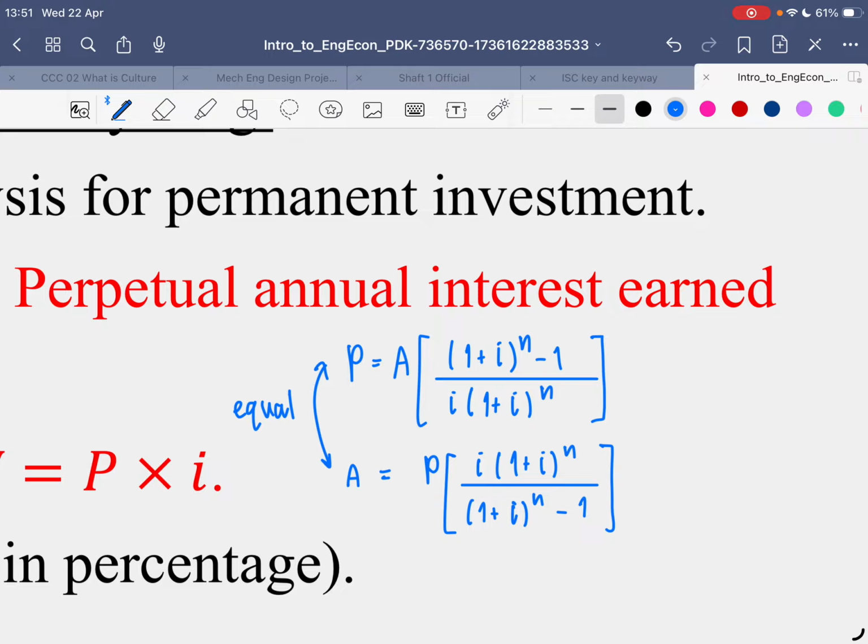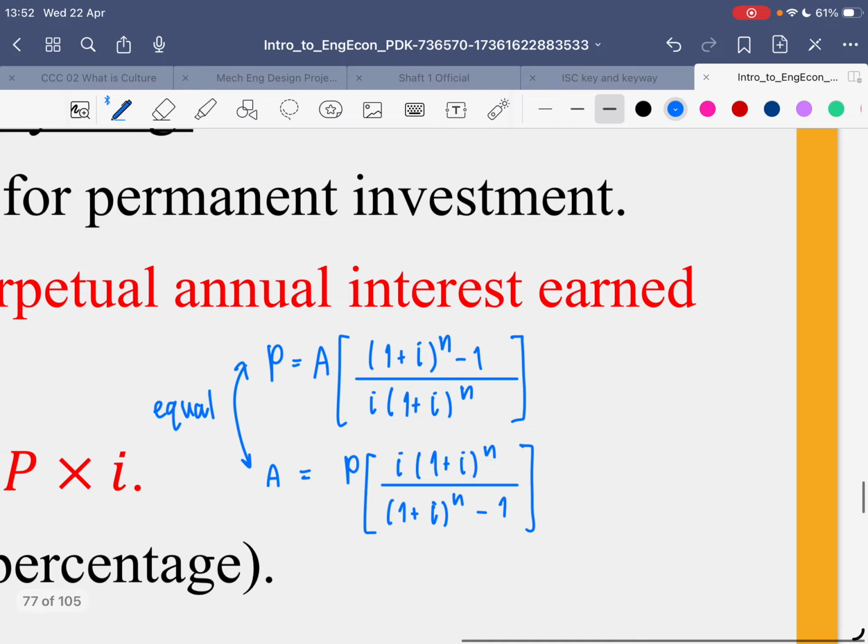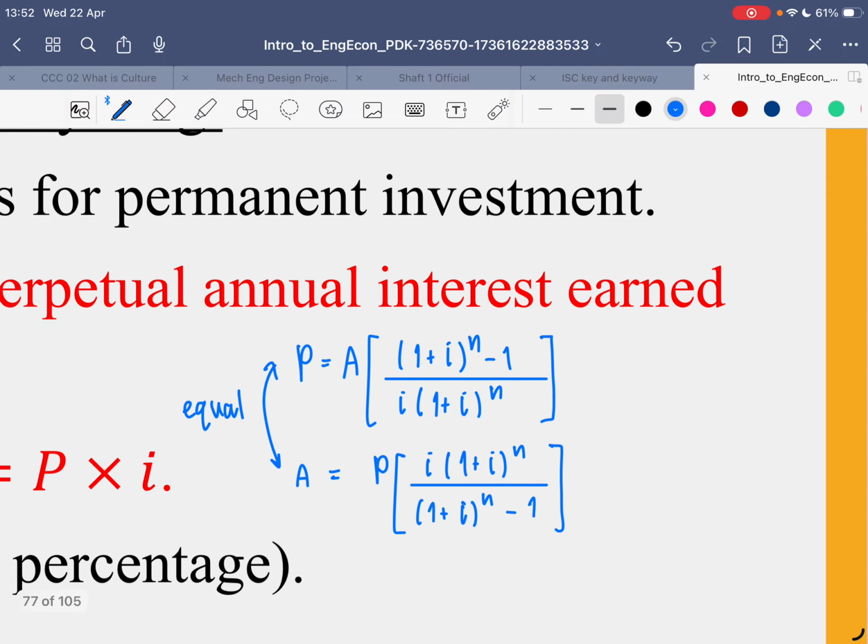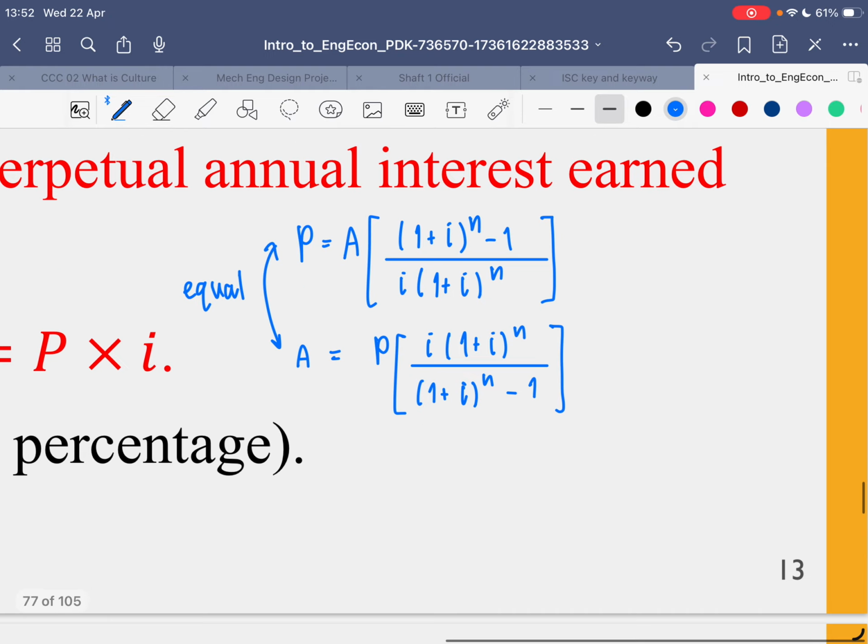Let's say n is a million: 1.15 to the power of a million and 1.15 to the power of a million minus 1 are very close. Therefore, these two are approximately the same as n goes to infinity, and therefore A is equal to P multiplied with I. And this is exactly what I wrote here.